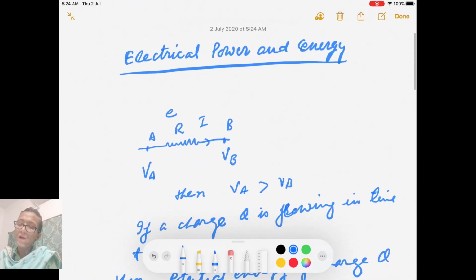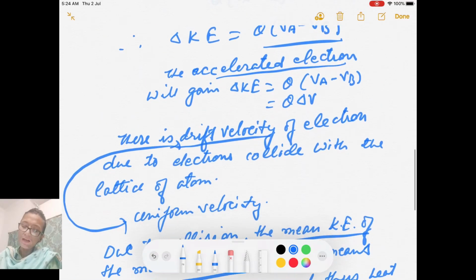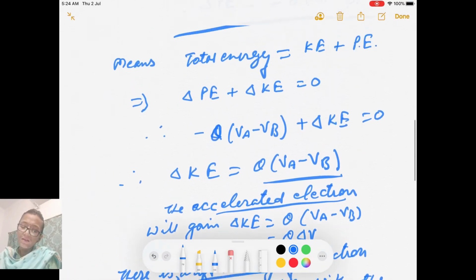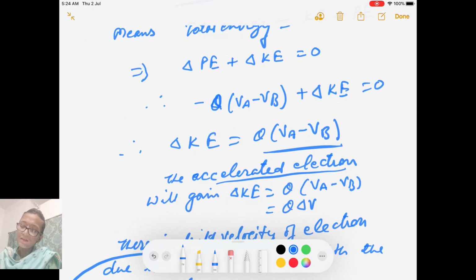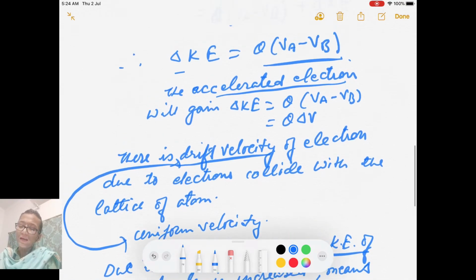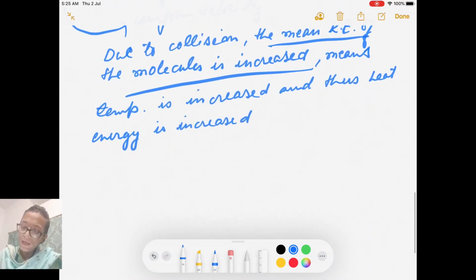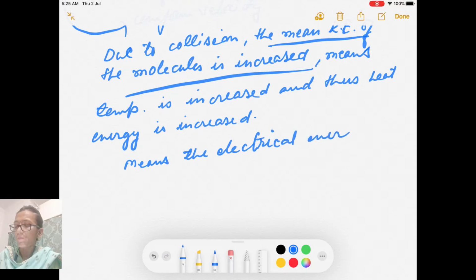So we are learning first of all electrical energy. This electrical energy goes into heat energy.